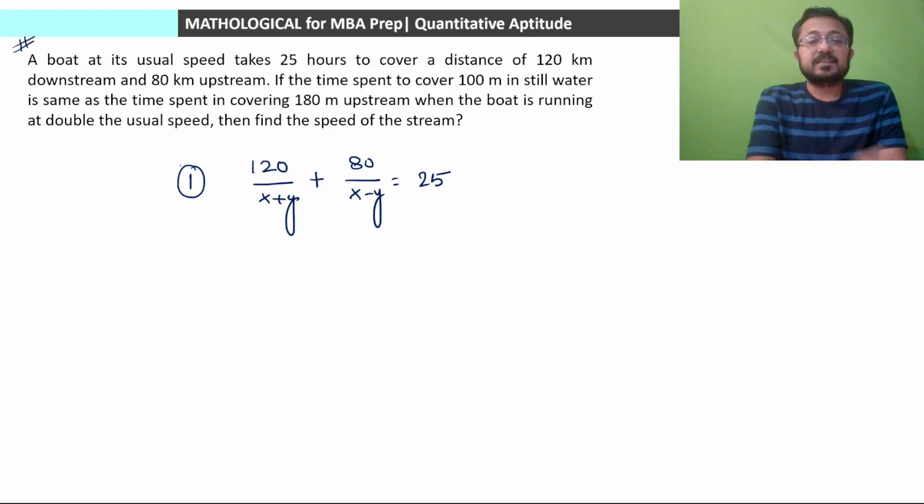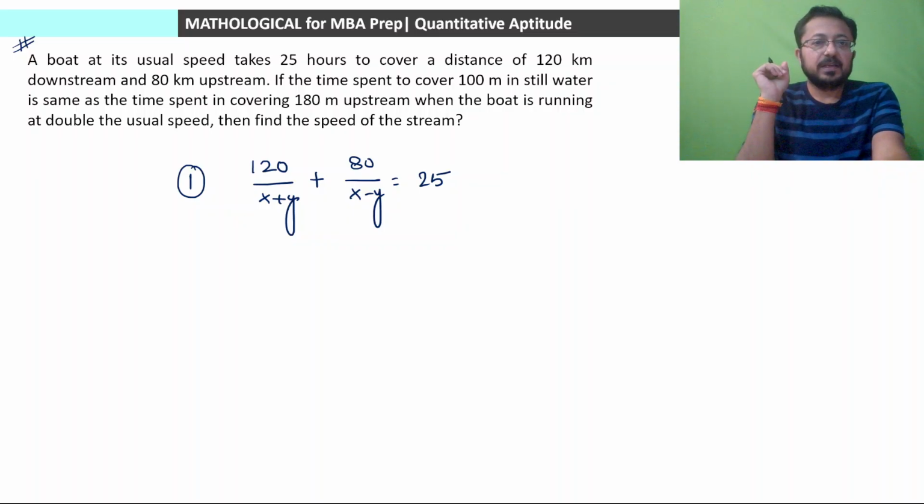Then the question is saying the time spent to cover 100 meters in still water is the same as the time spent in covering 180 meters upstream when the boat is running at double the usual speed. Okay, there is a slight error in this question. So what is happening in upstream?